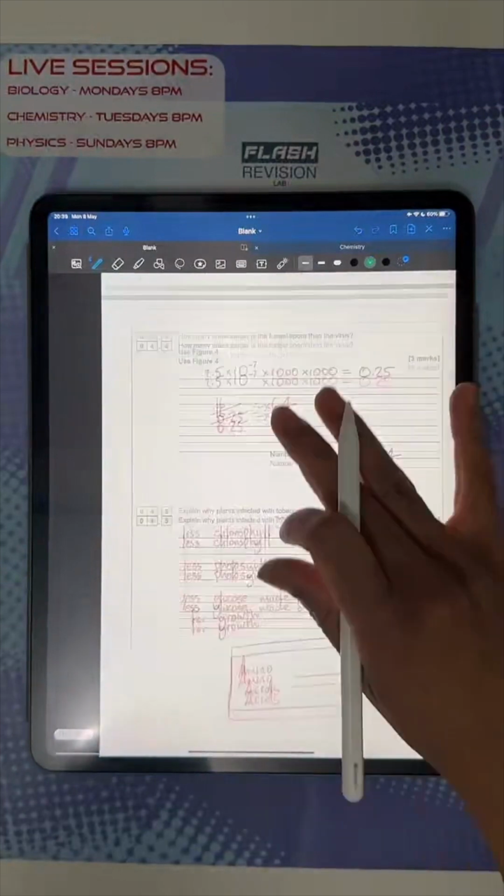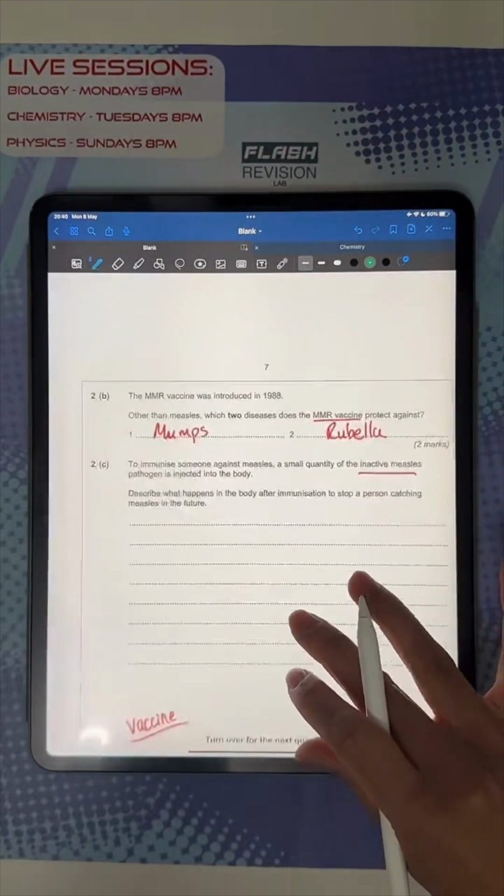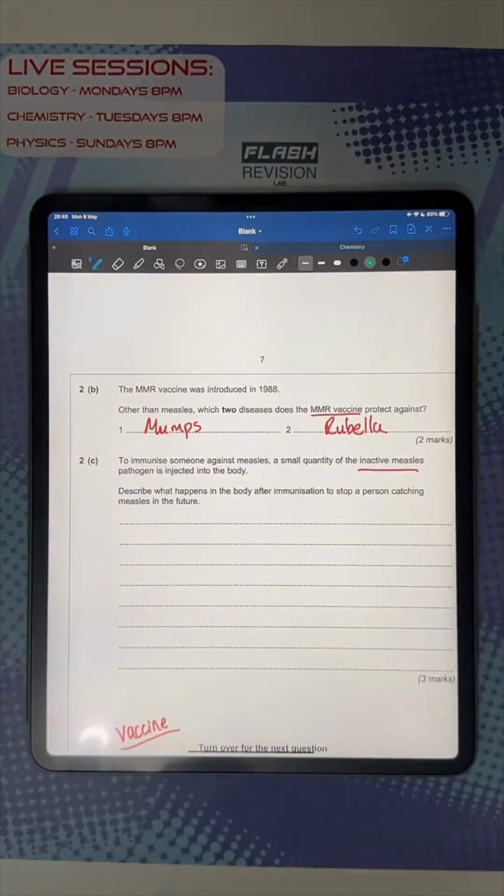Okay, so this question here, to answer that, for 3 marks, first thing, you get a mark for mentioning white blood cells or lymphocytes.